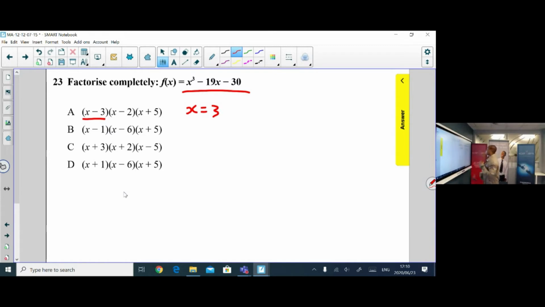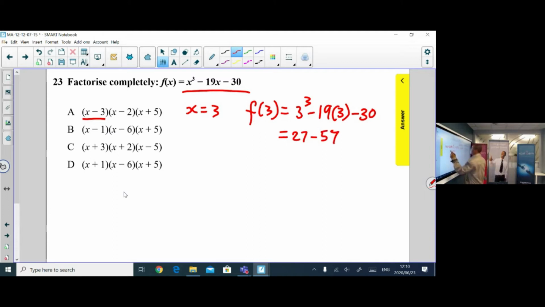So if you do that, you end up with something like f of 3 equals 3 cubed minus 19 times 3 minus 30. So you want to see if this is going to give you 0. Okay, so you have something like 27. You might need your calculator, and maybe you have 57, and then minus 30.